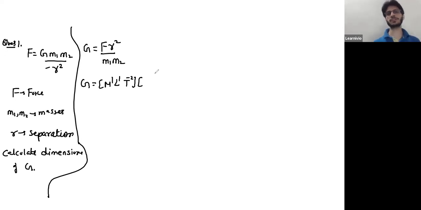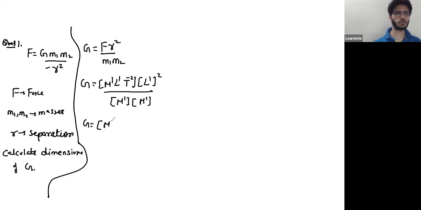The dimension of R, length, is L1, so this is length square. M1 and M2 both are masses, so the dimensions are M1 and M again. So G is M1 L1 T minus 2 multiplied by L square divided by M square.